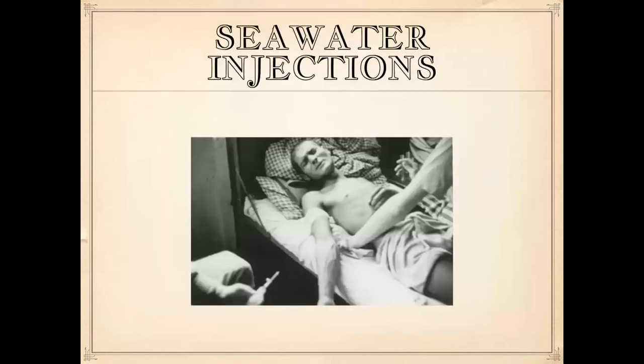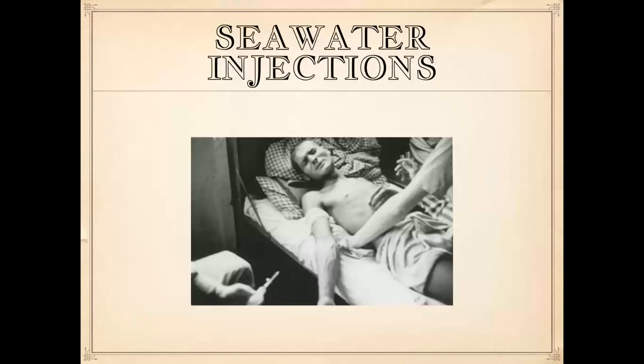Seawater injections. If a pilot crashed or a boat sank and you were in salt water in an ocean, how long could you live off drinking salt water? So they would inject you with salt water, time you before you died, to see how much water you could consume over a period of time.